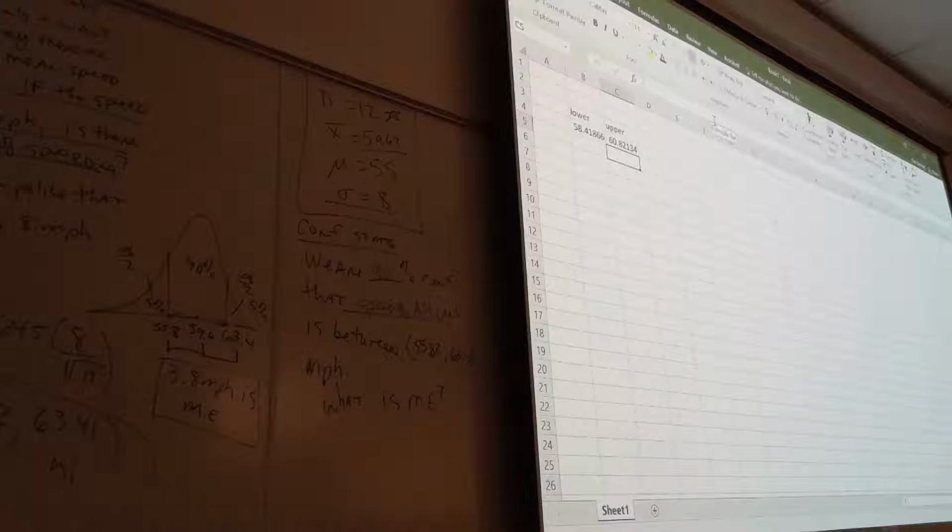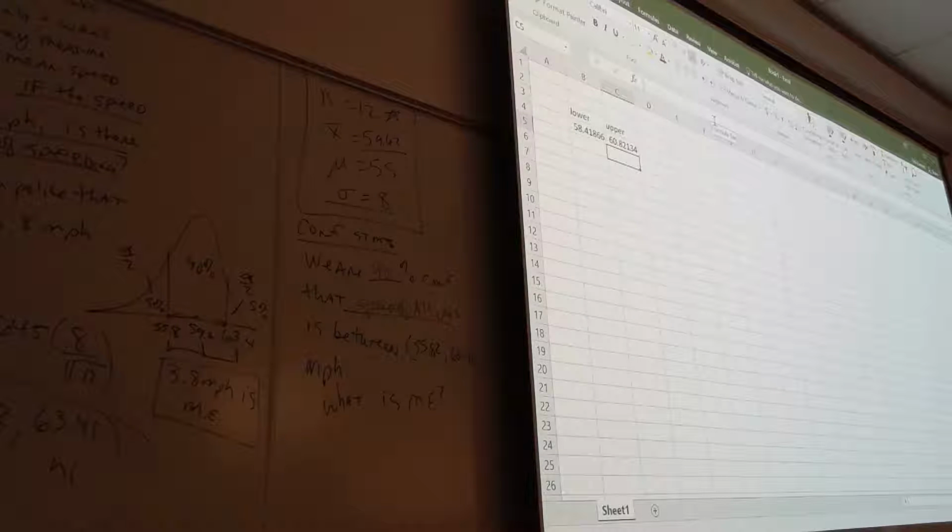Look at my margin of error. Roughly 2, well, it's 2 divided by 2, so it's actually about 1 mile per hour. So with more cars, is there stronger evidence now that I've got 120 cars instead of 12? There's stronger evidence of speeding. They're going at least 3.5 to 5.5 miles per hour over the speed limit, right?